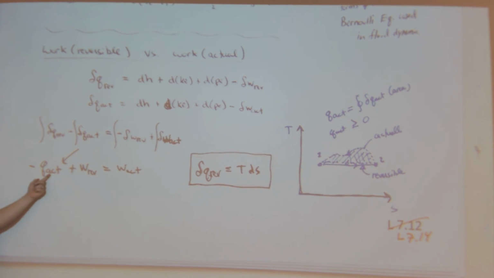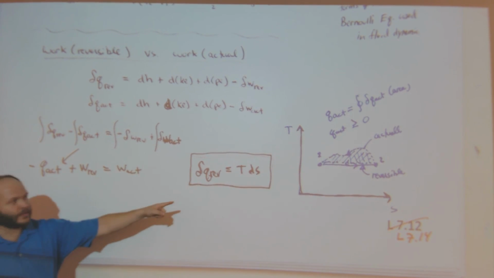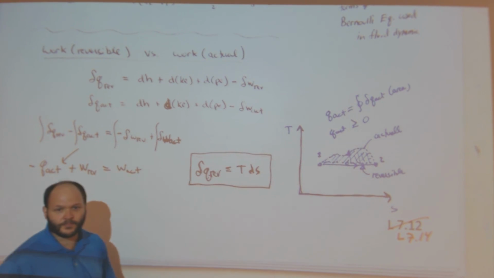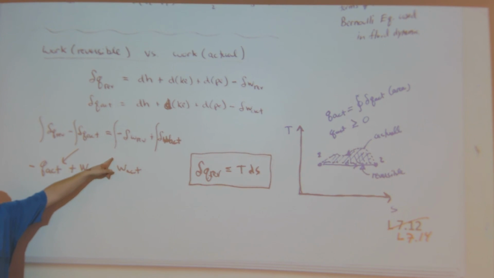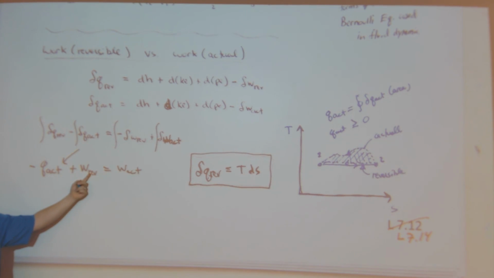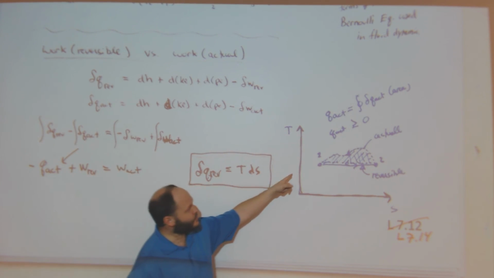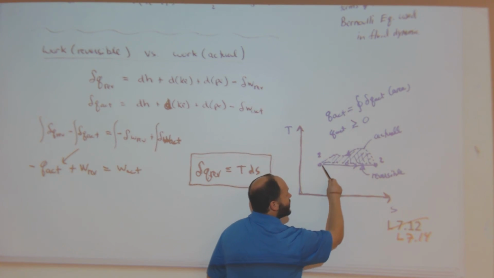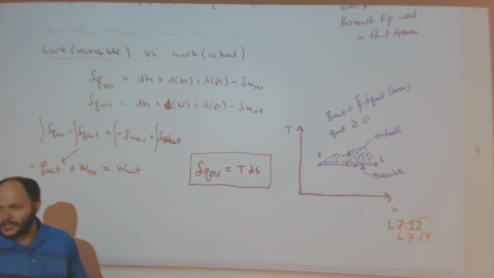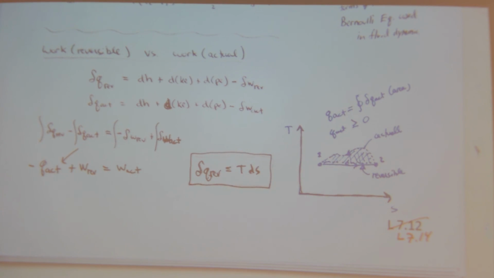So let's just say my actual heat loss was 0. Zero area. Then they would be equal. So work actual less than or equal to work reversible. Now remember, the directionality of this, whether it's clockwise or counterclockwise, is dependent upon whether it's an energy consuming or energy producing device.